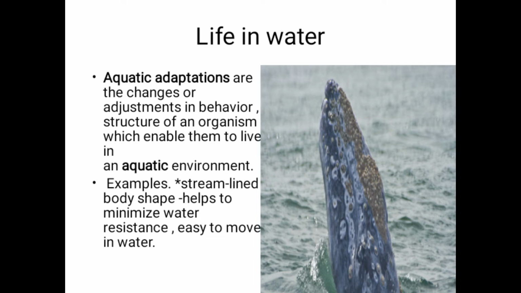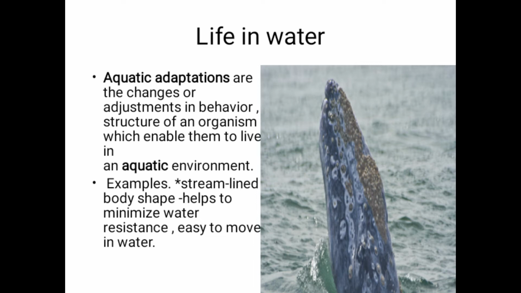This is called aquatic adaptations, because the animals or the plants living in water are called aquatic animals and plants. So, aquatic adaptations are those changes or adjustments in the behavior or maybe the structure of any organism which enable them to survive in the aquatic environment.